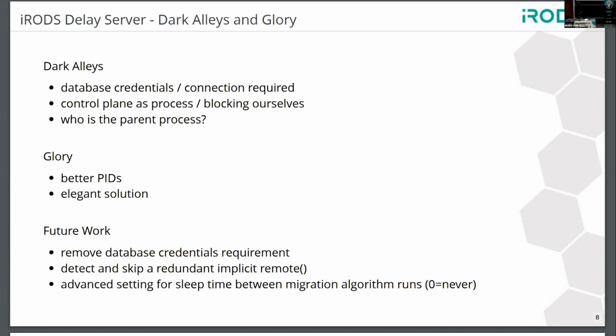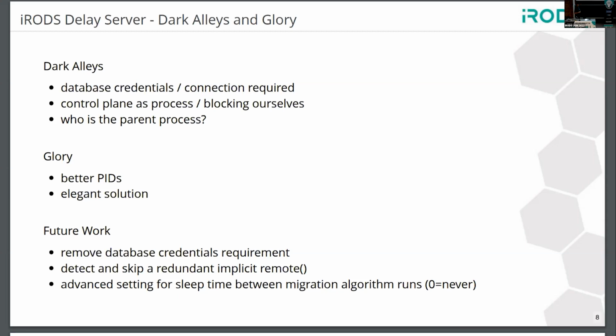Also, we need to implement some settings to control the sleep time between migration algorithm runs, because right now it's hard coded to 5 seconds. So if you have a large cluster of iRODS servers, all these servers are going to reach out to the database every 5 seconds and ask the question of, hey, am I the successor? Am I the leader? This will happen in 4.3 quite a bit.